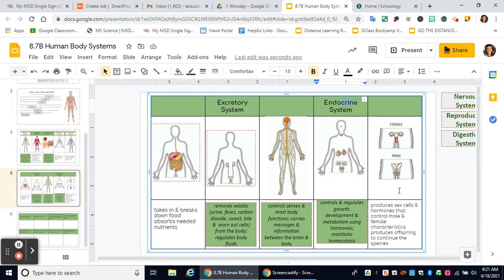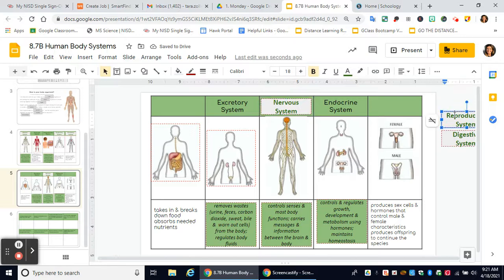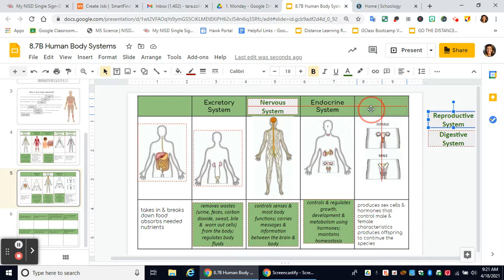Okay, so let's drag and drop our titles now. Our nervous system, I see lots of nerves being connected up to your brain. Reproductive system, we forgot about that one. Okay, so let me drag that one over there. And your reproductive system produces sex cells and hormones.